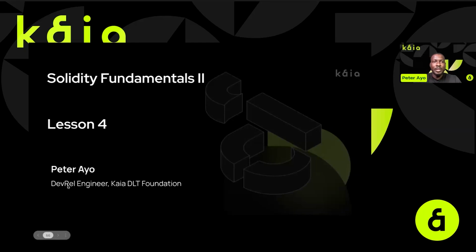So far, we've talked about blockchain 101, Kaia 101, and now we are talking about Solidity fundamentals. Yesterday we went through the basics of smart contracts, from setting up Remix for writing your smart contracts, to compiling and deploying using the Kaia plugin.